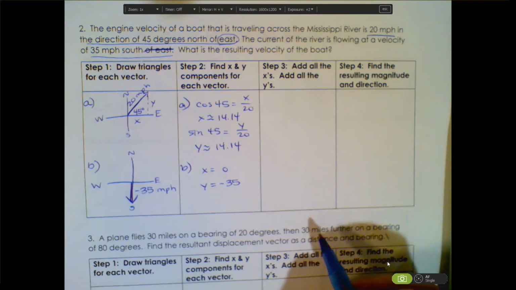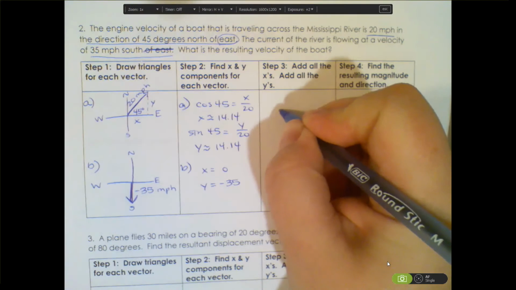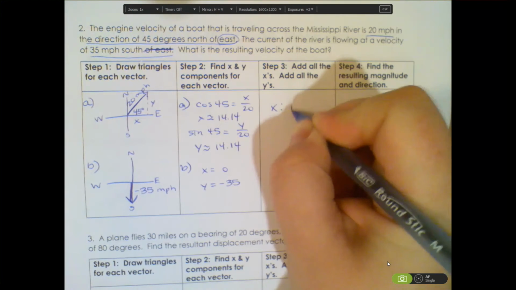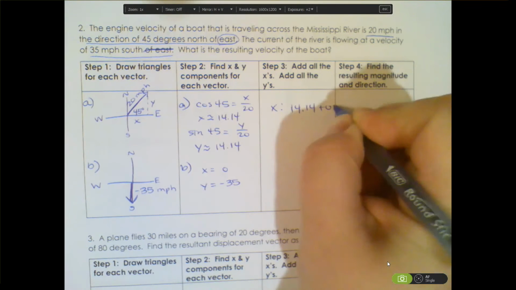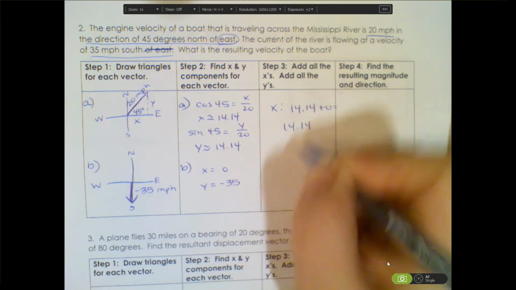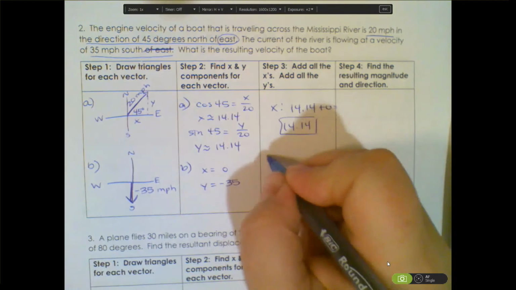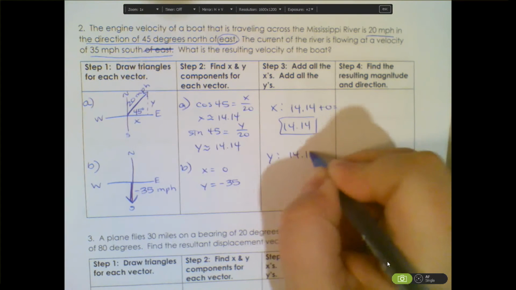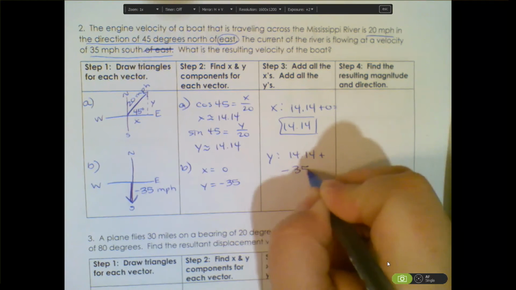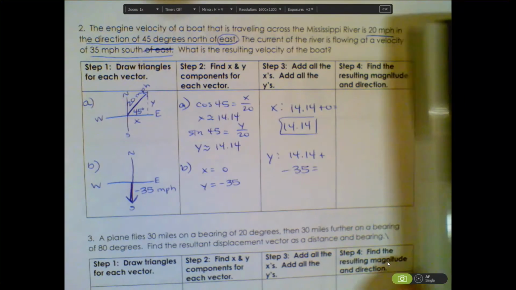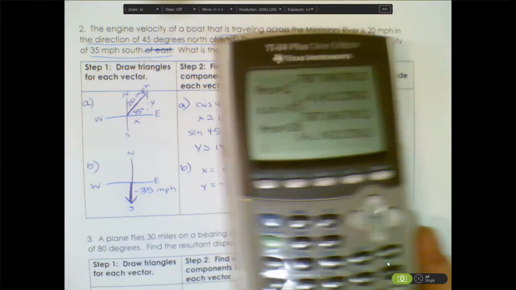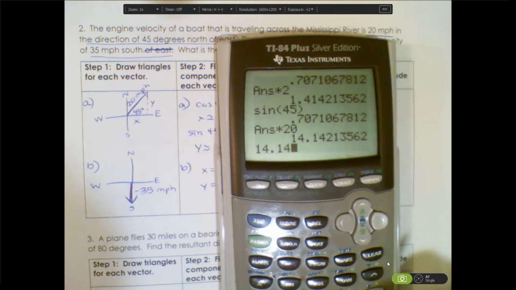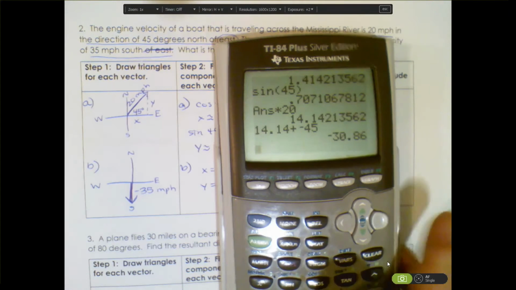Now I'm going to add all the x's and add all the y's. So my resulting x is 14.14 plus 0. Okay. My y is 14.14 plus a negative 35, which equals... Let's try to avoid calculator errors.